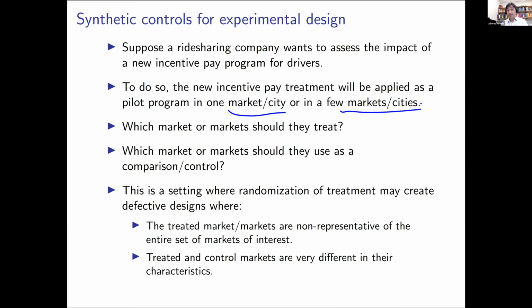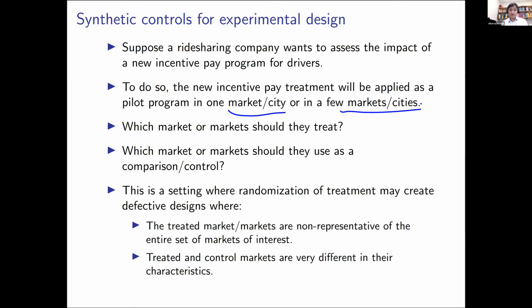In this case, you don't want to randomize, because if you apply this program to one city, the city you get may not be representative of the entire market of the United States, or may be especially idiosyncratic and hard to reproduce. Randomization gives you unbiasedness ex ante, but you may be in big trouble. So you want to do your intervention in a non-randomized way.